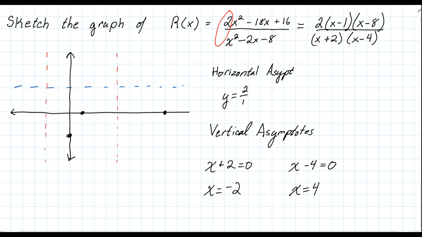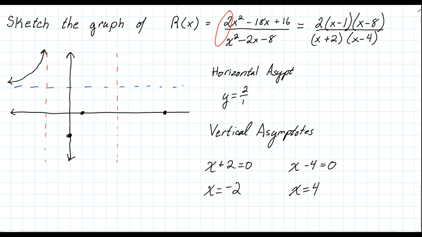So now I'm going to keep in mind that the intercepts that I plotted, those are the only places where my graph crosses the axis, right? So at the far left, if I know my graph never crosses the x-axis, then I know that it has to be above the x-axis all the time because it has to approach my line y equals 2. So I have to look like this. That's my only option.